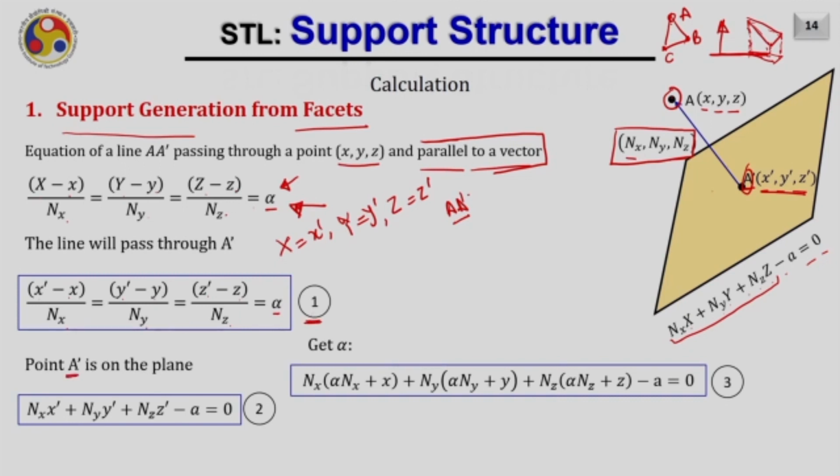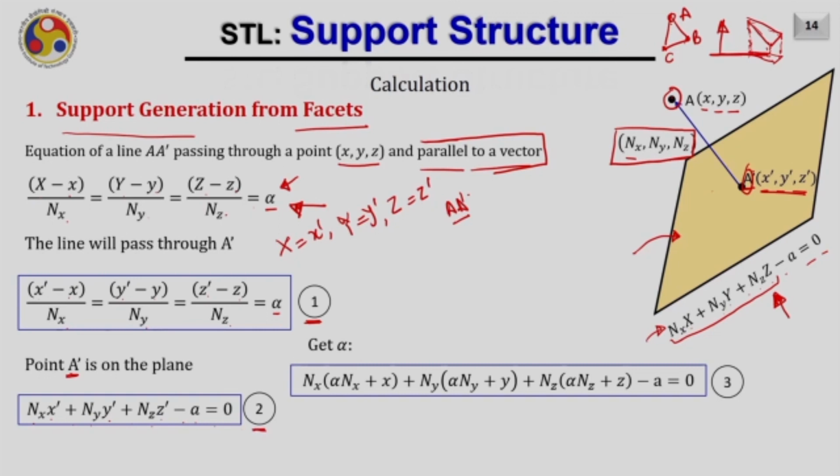Also, point A dash lies on the plane on which we are trying to get the projection, and the equation of this plane is given by this equation. Therefore, if I put this point A dash into this equation, it should satisfy it because A dash is lying in this plane. Hence, the equation will now become nx x dash plus ny y dash plus nz z dash minus a equals to 0. That is my equation number 2.